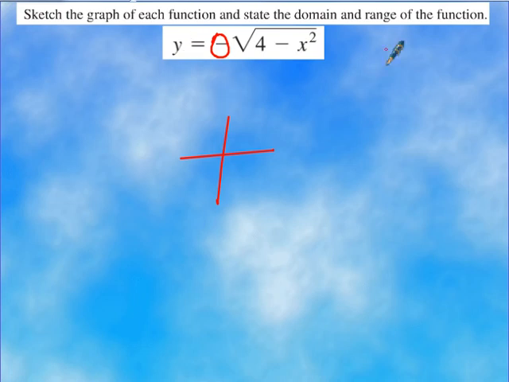This is a circle with a radius of 2. If you don't remember, circles look like this: x squared plus y squared equals r squared. Moving the x squared over gives you x squared plus y squared equals 4. But again, you're graphing just the bottom part of it. So the radius would be 2. It's going to look like this with a radius of 2. Okay. So your domain, what can I plug in?